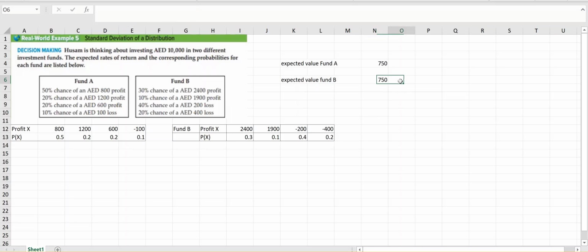And that gives us an expected value of 750.